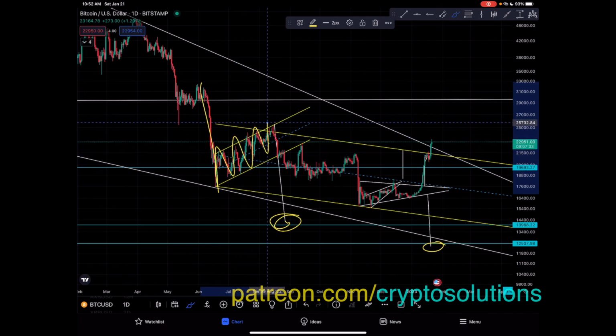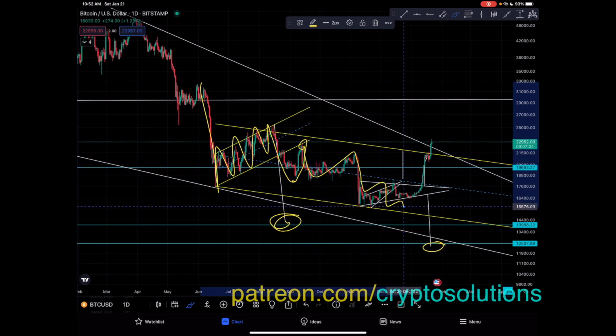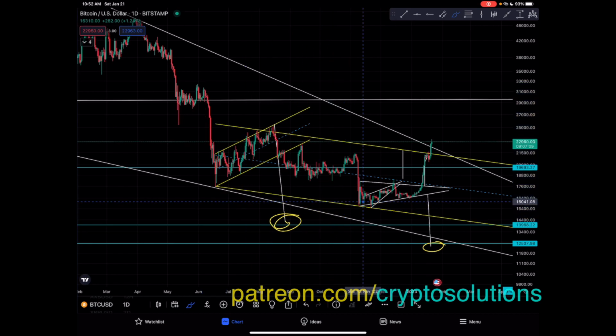So it broke that support which confirmed as resistance, and then it went lower. It completed most of the price target right there. It didn't go all the way down to that $14,232 level, but it went most of that movement, which also can be considered as a completion of the price target.